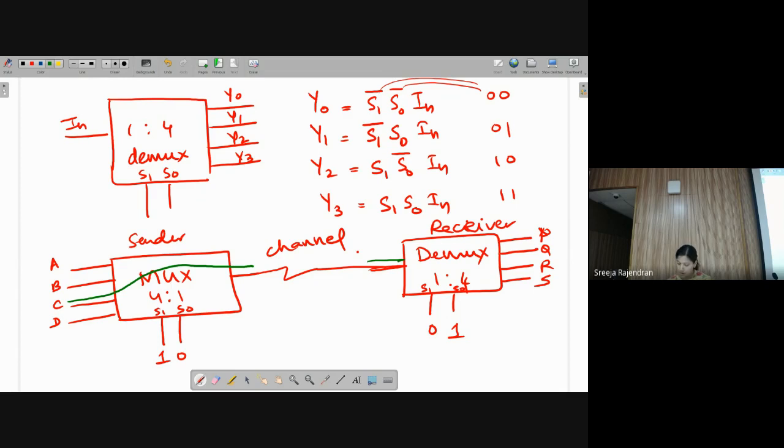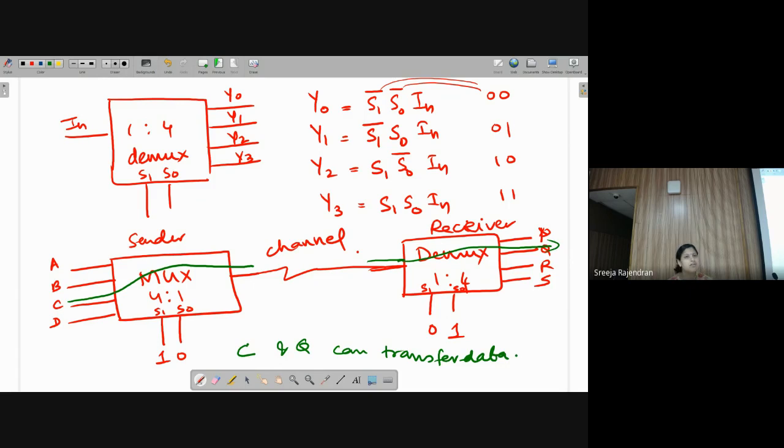Q. So in this way, there is a communication happening between C and Q. So they can send data, they can transfer data.